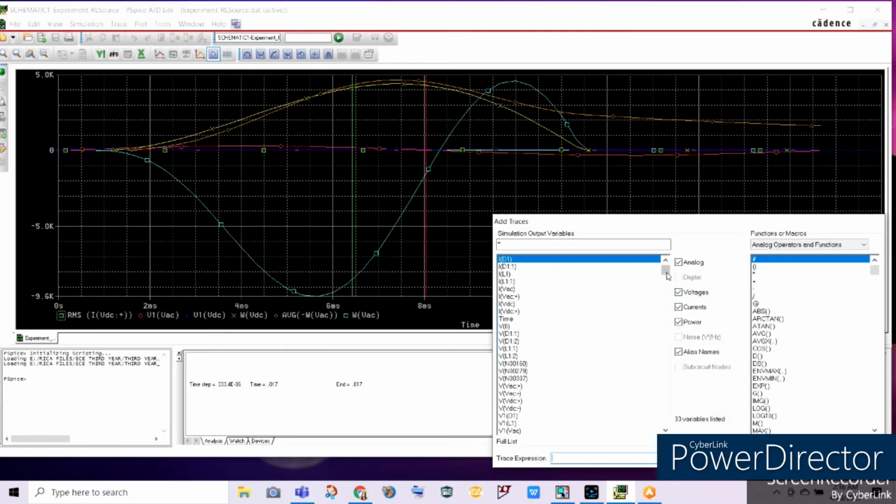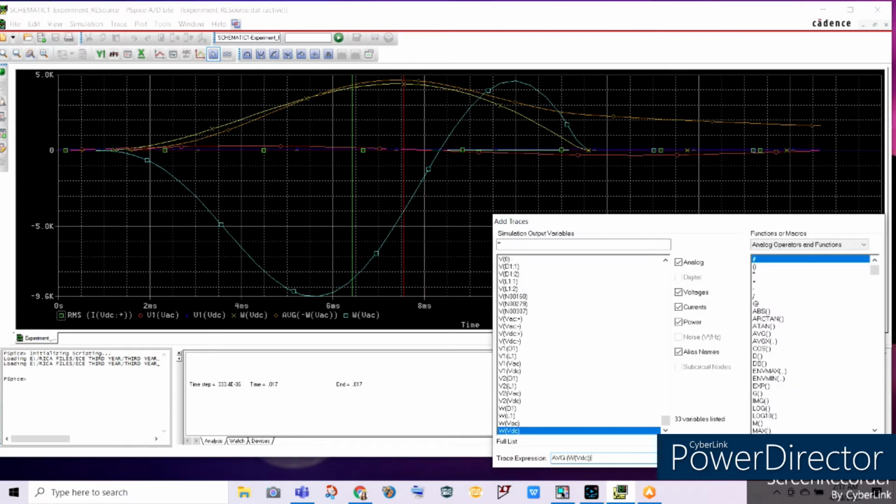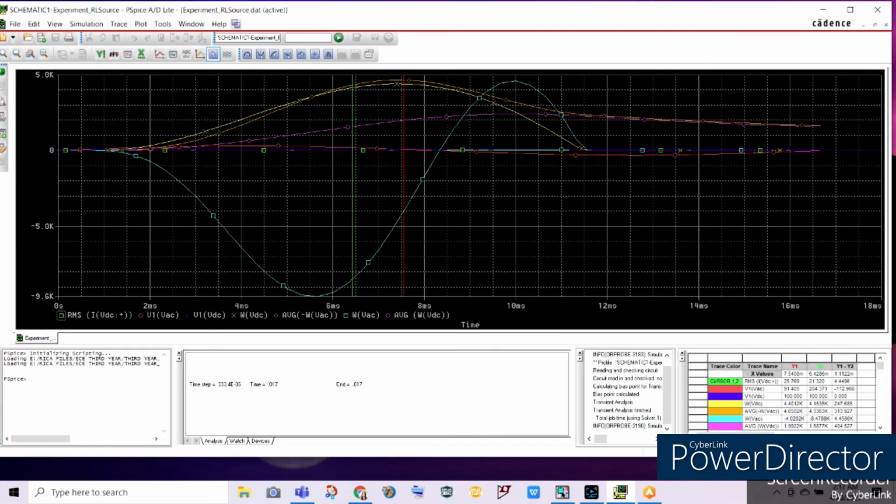And then let's add another trace, which will be the average power across our DC voltage source, to prove that most of the power which is supplied by our AC voltage source will be the same as the power absorbed by our DC voltage source. So now adding the trace for the power across our DC voltage source, which is the average power.